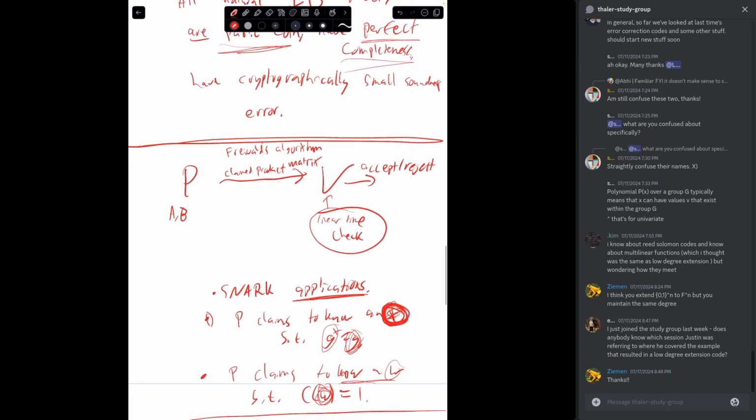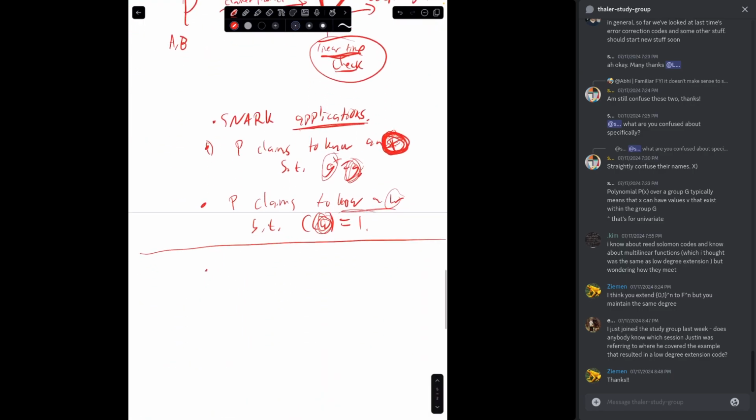But what's happening there is the verifier is saving some work, right? There's no linear time algorithm known to multiply two matrices, so the verifier is saving some work. But the amount of work it's saving is what theorists would call just a polynomial factor, right?